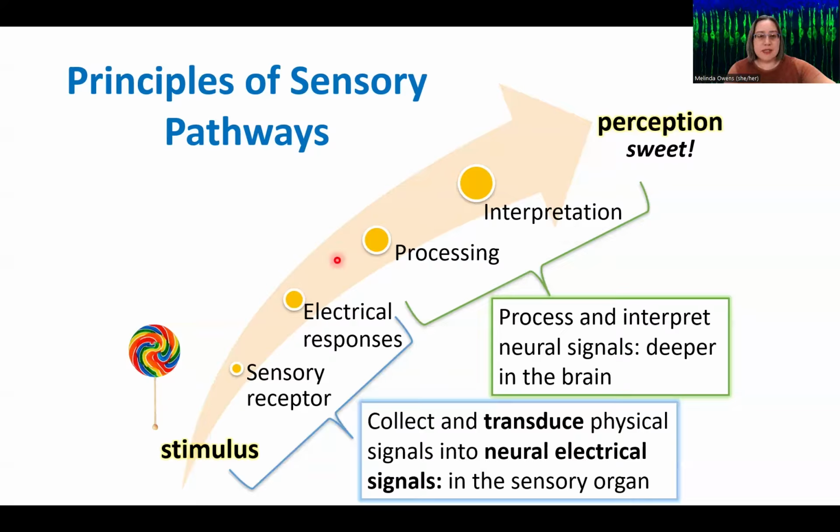So in this cellular neurobiology course, we're going to be talking about sensory transduction. So what happens in the first cell that encounters the stimulus to turn that physical stimulus into an electrical signal. In some other courses like systems neuroscience, it's more about how those signals are processed and interpreted, which can be very, very complicated.